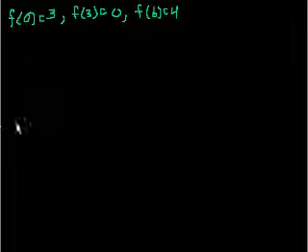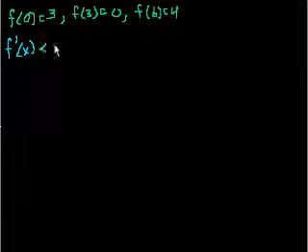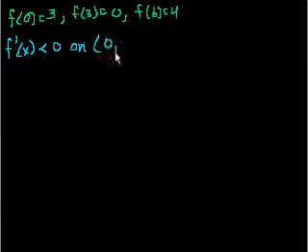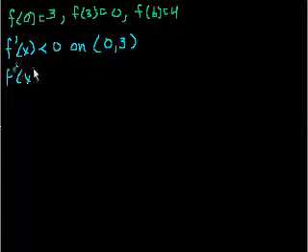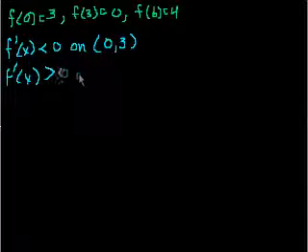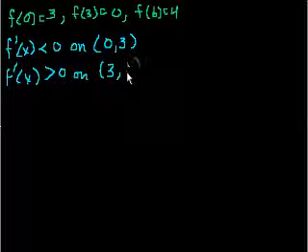They tell us that f prime, the derivative of x, is less than 0 on the open interval 0, 3. So that means not including 0 and 3. And they also tell us that the derivative is greater than 0 on the open interval from 3 to 6.